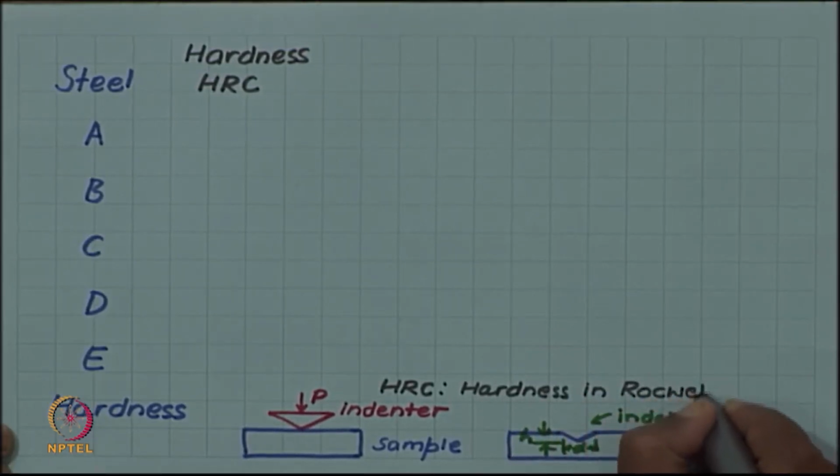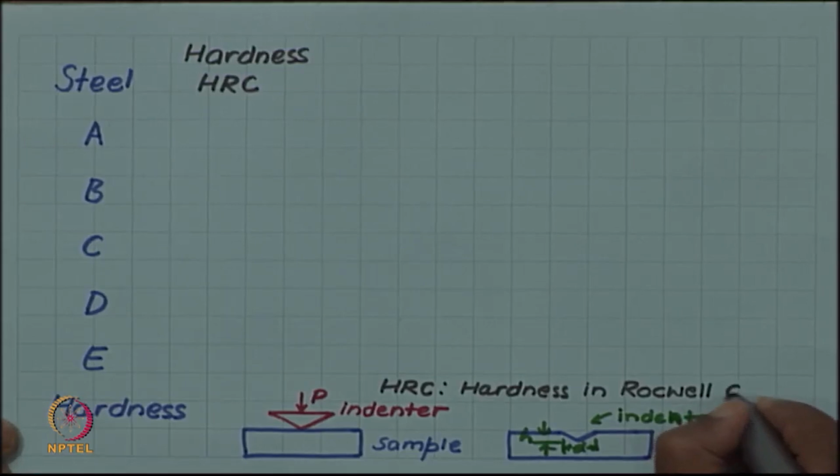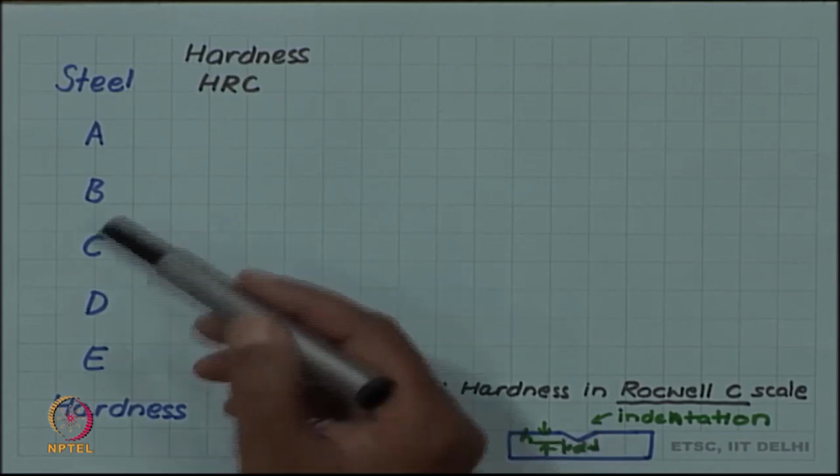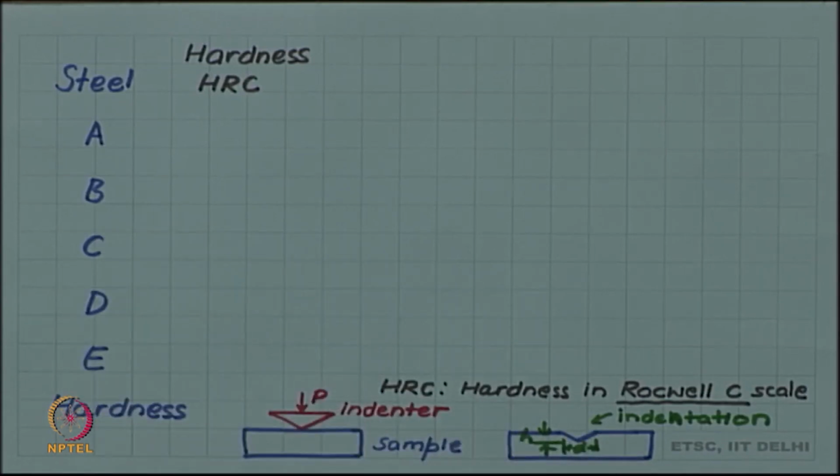Let us not worry at the moment about exactly what load and indenter is used, but Rockwell C means a specific kind of load is being used and a specific indenter is being used, and that is the same for all these steels. So, that is kept constant, but then the impression left in the different steels may be different, and that will indicate their different hardness. So, you get a number which is called the Rockwell hardness.